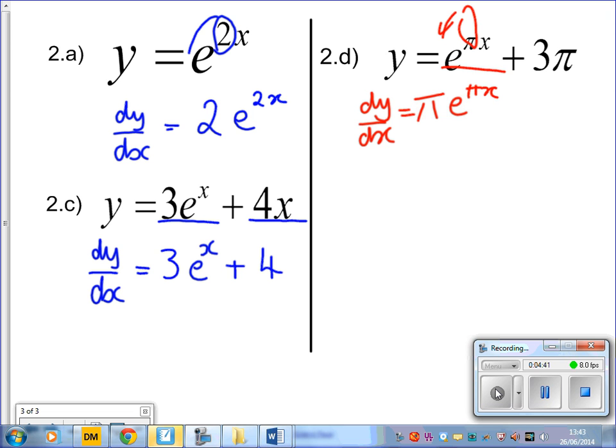Now to differentiate the second part, 3 pi is a constant. It's just a number, so it's gone. So our final answer then, dy/dx equals pi e to the pi x.